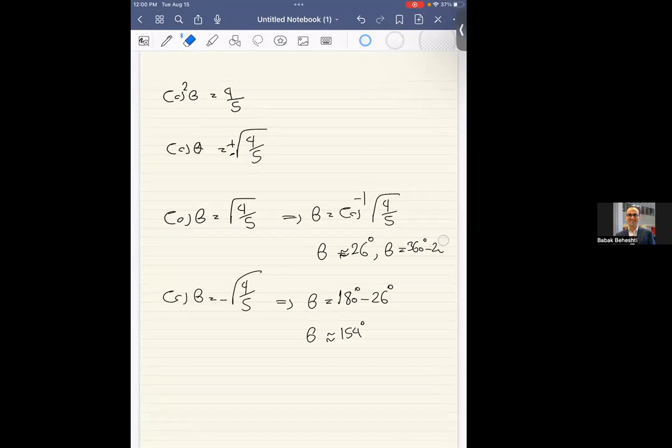So one answer is 26, the other one is here, and here the other answer is. So these are 4 answers for this equation for theta between 0 and 2 pi.